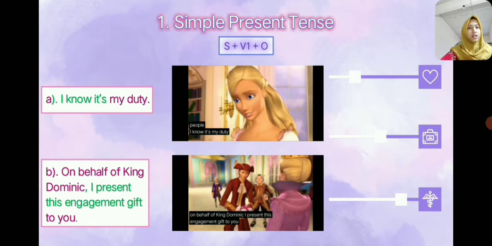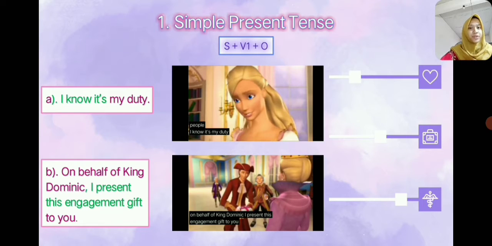It is object. The sentence tells that this is factual because she knows her duty as a princess to save the folk, and she should marry King Dominic. The situation happens at that moment Princess Anneliese speaks, so the sentence uses present tense.